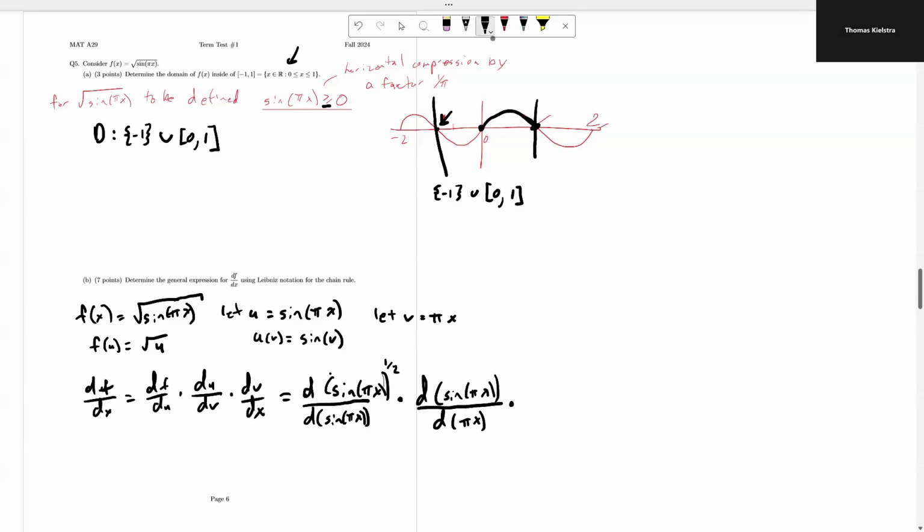This is u, this is v, times the derivative of pi of x with respect to x.